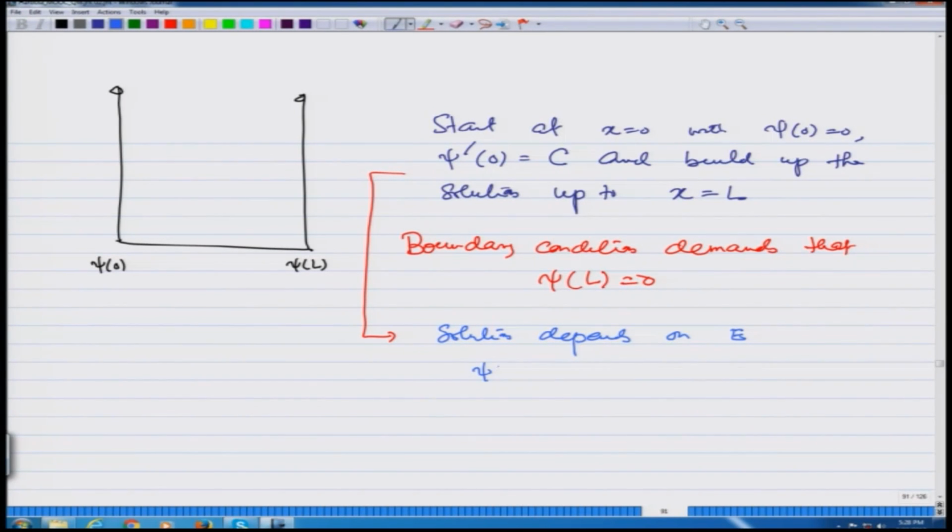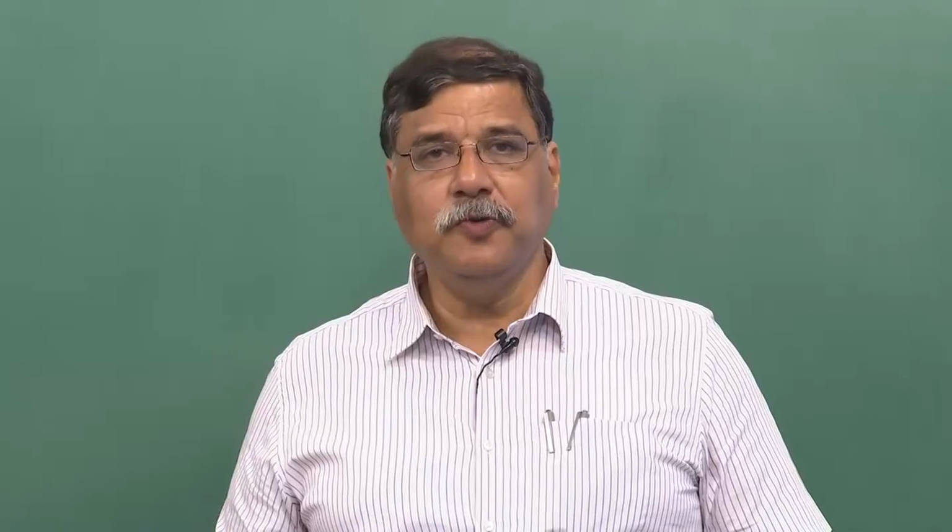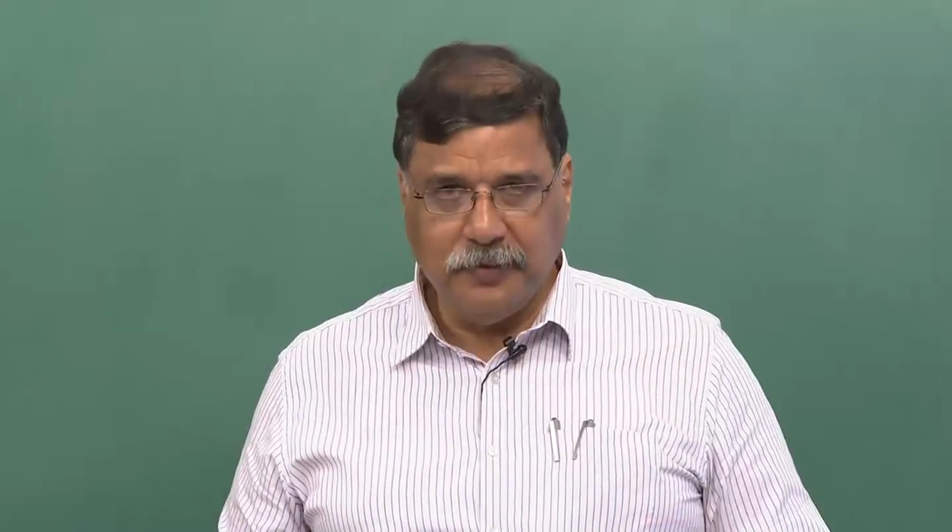Because I had psi(0) equal to 0, psi prime equal to 0, but I have psi double prime at any point, which is given as 2m over h cross square (V0 minus E) psi. So, depending on what E is, psi prime is given, and I use all these 3 to build up my solution. So, psi(L) is not going to be 0 until I really have that eigenvalue.